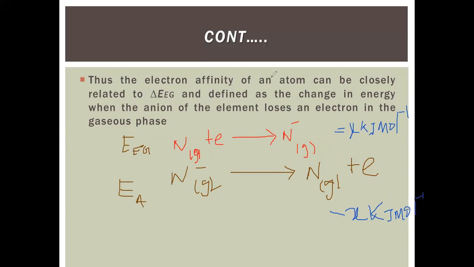So this is the difference between the electron affinity and the electron gain energy. You should understand the relationship between these, and let me move on to the example now.